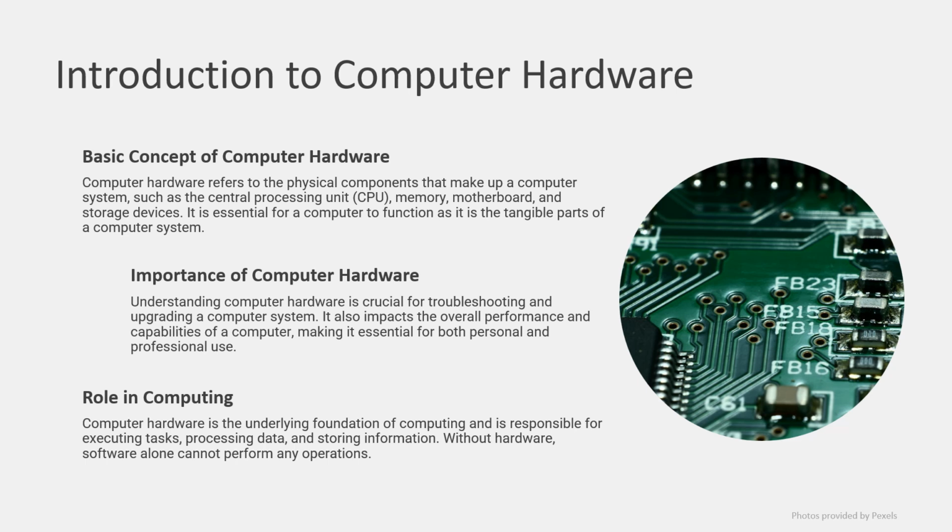You can check, before you purchase, which computer hardware and which computer is suitable for your required task. That's why it's very important to learn how computer hardware is distributed and takes part in our activities. So this is also an importance of computer hardware.